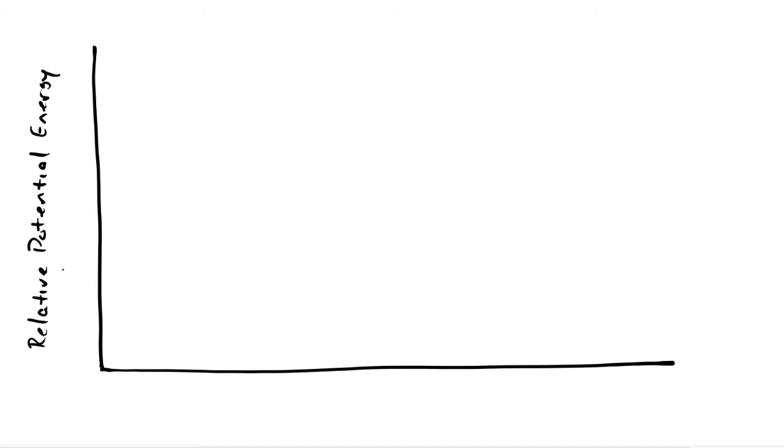And the value for that will be kcals per mole. And our x-axis is something a little bit odd. We'll call it conformational coordinate. And we're going to begin right here. So we'll draw a little line there.